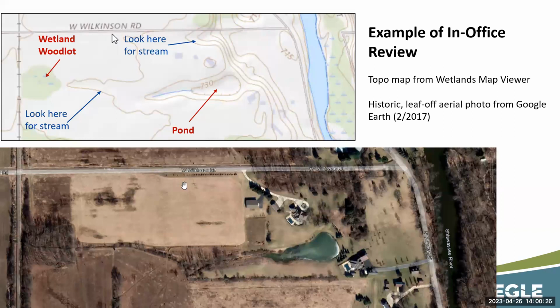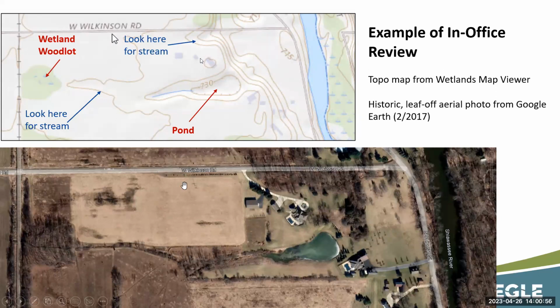So here's just kind of an example of an in-office review. The topo is from Wetlands Map Viewer, and then the aerial is a historic leaf-off aerial from Google Earth from 2017. So you can see this is the Shiawassee River, and you can see that the contour lines kind of show that this is a little bit higher elevation, and then you kind of go down in elevation to get down to the river.